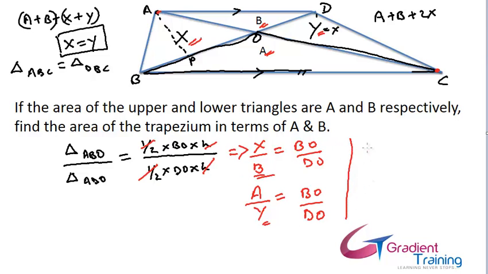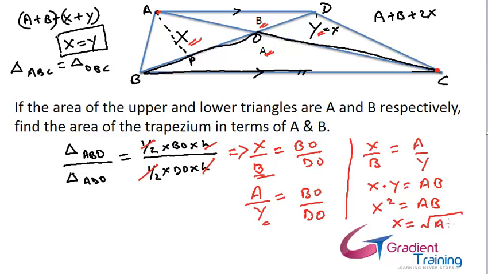We can write X by B equals A by Y, and that makes X into Y equals AB. We know that Y is equal to X. So we have X square equals AB, or X equals square root of AB.